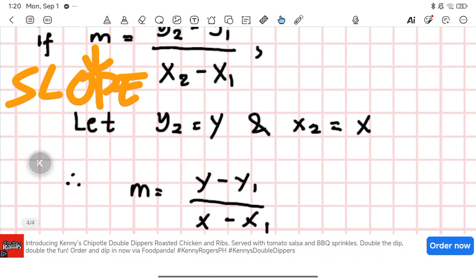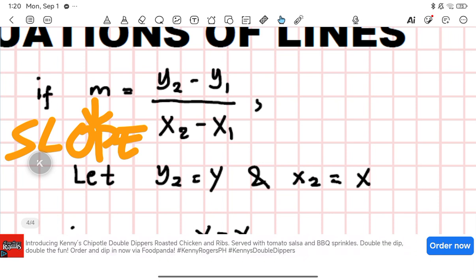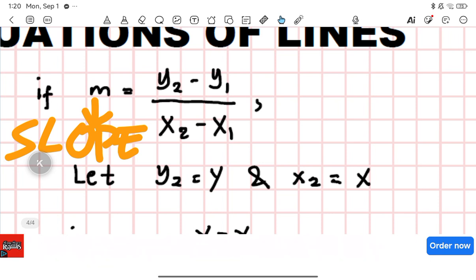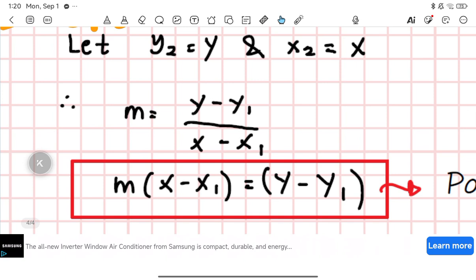So, ibig sabihin, substitute mo lang instead of y2 na may subscript na 2, rewrite lang siya as y na as in letter lang. Ayan, letter y lang tas letter x lang. So, substitute there to the first equation. You will have y minus y1 all over x minus x1.